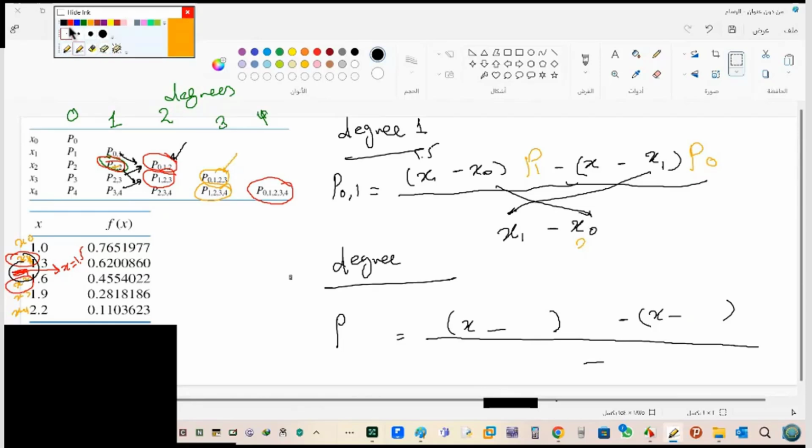So it is for B0, 1, 2, 3. So first value is 0. So x minus x0. Last value is 3, so x minus x3 over x3 minus x0. Now, B0, 1, 2 came from here. The second value, it's P1, 2, 3. Here it is about B0, 1, 2. Is it clear?